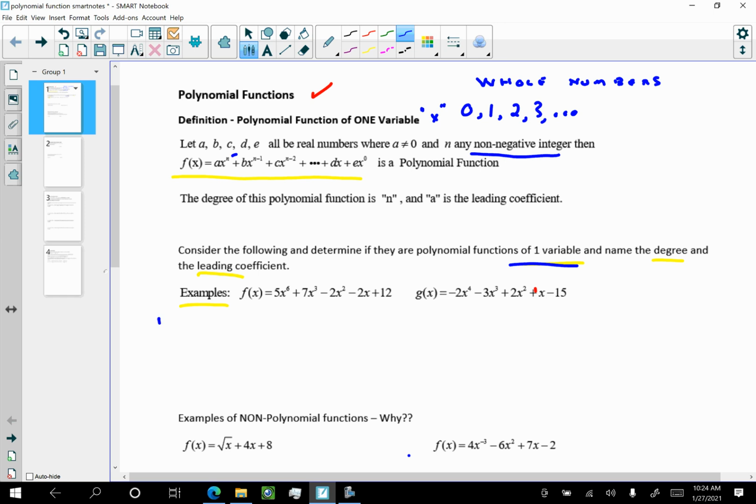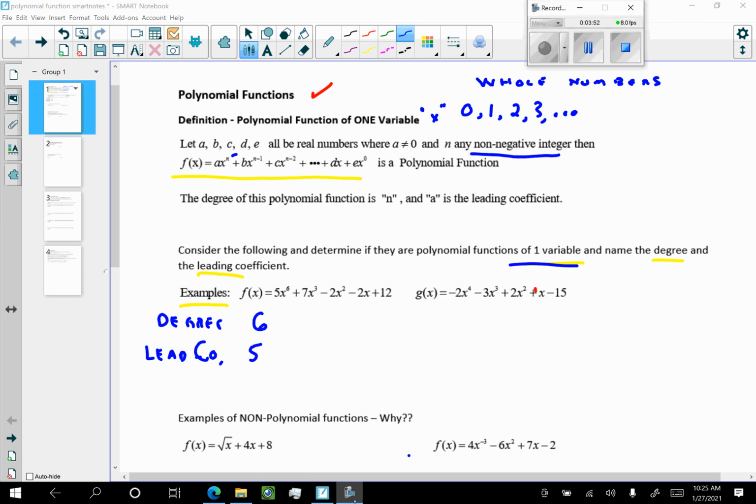The degree here is the highest exponent, which is 6. The leading coefficient is the real number in front of the term with the highest degree, in this case, 5. So the leading coefficient is 5, and the degree is 6.